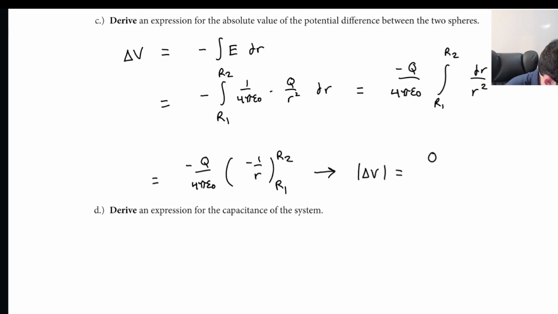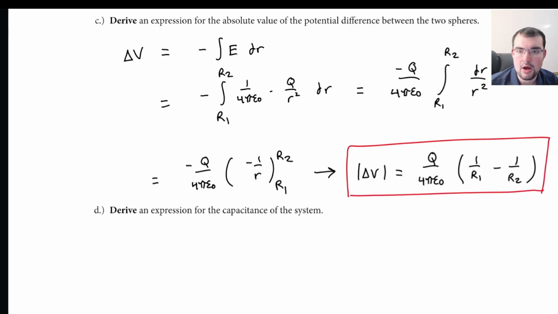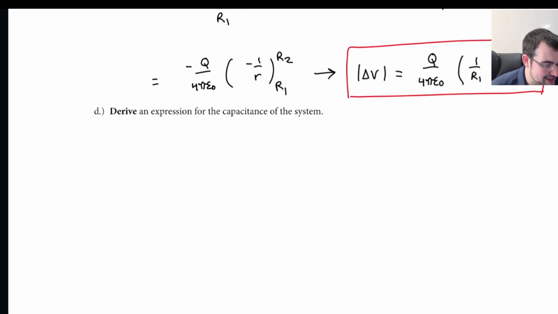We know it's going to be Q over 4 pi epsilon naught times 1 over R1 minus 1 over R2 for the absolute value. All I did is I just took away the signs to make it a positive quantity. Because again, 1 over R1, since we're dividing by a bigger number, is going to be bigger than 1 over R2. So now we can derive an expression for capacitance.